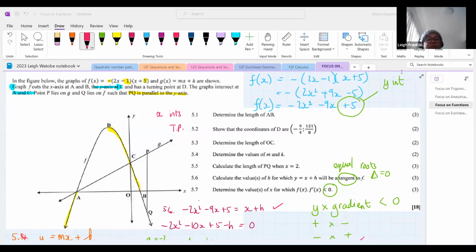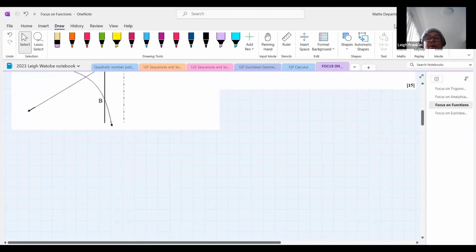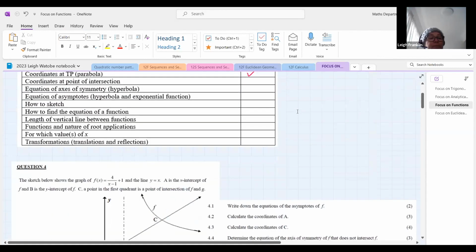The length of OC, M and K is equation of a straight line. Calculating the length of PQ, so that would be up here, is how to find the length of a vertical line between functions.